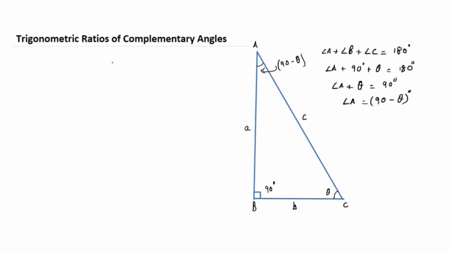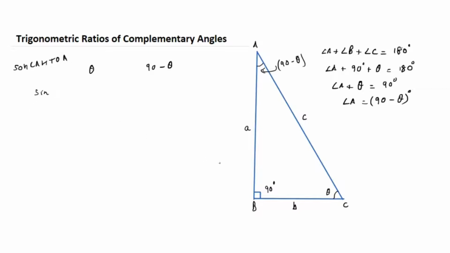Let's find out the trigonometric ratios of these two angles. One is 90 degrees, we don't have to worry about that. Apart from that, we've got two angles which are theta and 90 minus theta. Let us find the sine of that angle. Sine of theta, according to SOHCAHTOA, which we never have to forget, simply means that sine is the opposite over hypotenuse, cos is the adjacent over hypotenuse, and tan is opposite over adjacent.